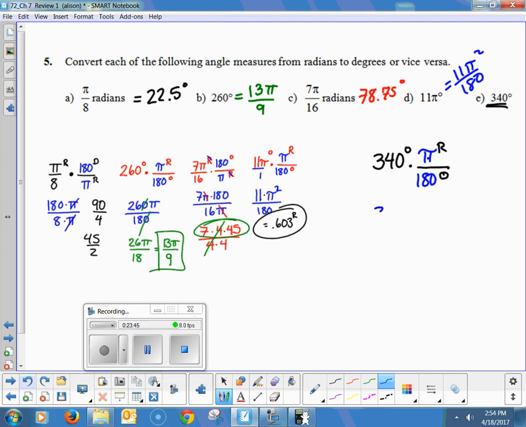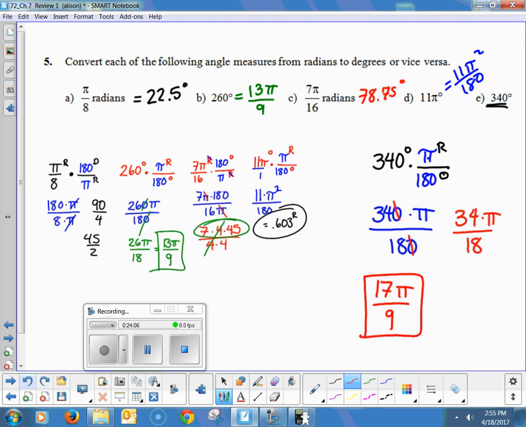And so what we get is 340 times pi divided by 180. Again, I could divide by 10 on the top and bottom. I get 34 times pi over 18. They're both even. 2 goes into 34, I want to say 17 times, and 2 goes into 18, I know 9 times. So I'm just going to leave that as my answer. 17 pi over 9, and that answer is now in radians.